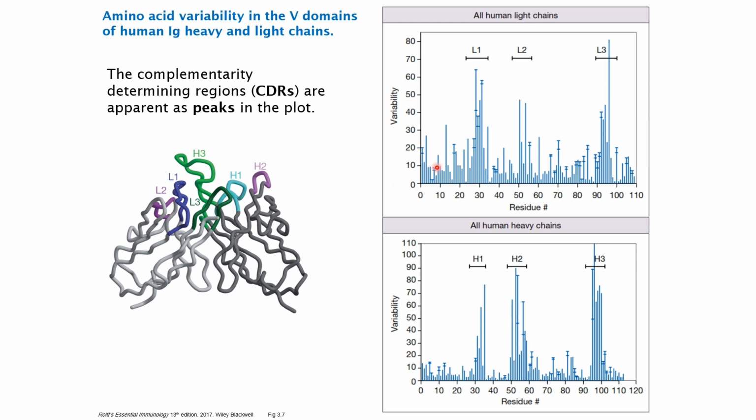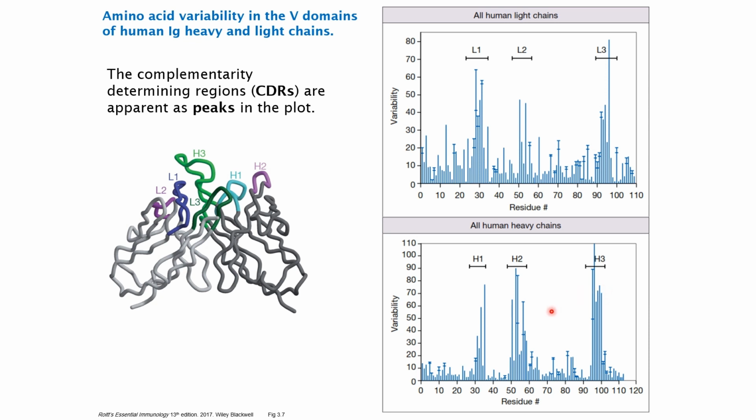What you'll find is that we have peaks and troughs, and these peaks here represent specific loops, L1, 2, and 3. The same goes for the heavy chain, H1, 2, 3, represented here as distinct peaks of very extensive variation. There is a huge difference between the amount of variation up here compared with down here between heavy 1 and heavy 2.